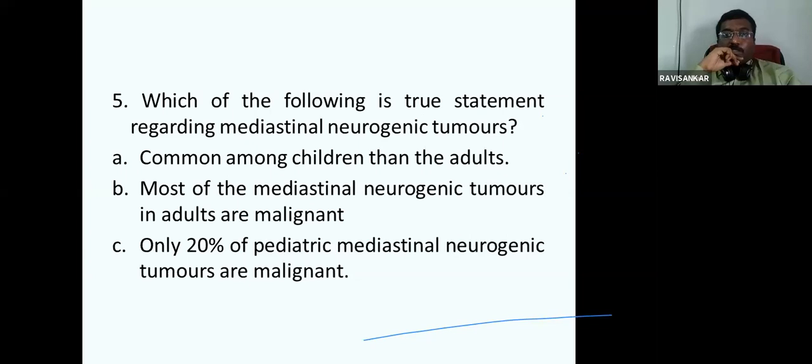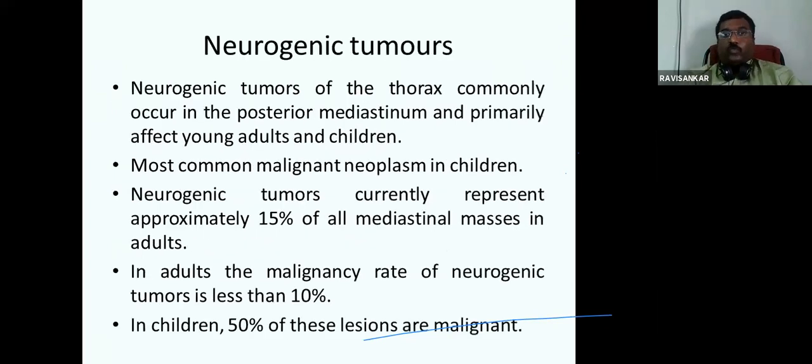Which of the following is a true statement regarding mediastinal neurogenic tumors? Neurogenic tumors of the thorax commonly occur in the posterior mediastinum. As I already mentioned, neurogenic tumors are the most common malignant neoplasm in children.